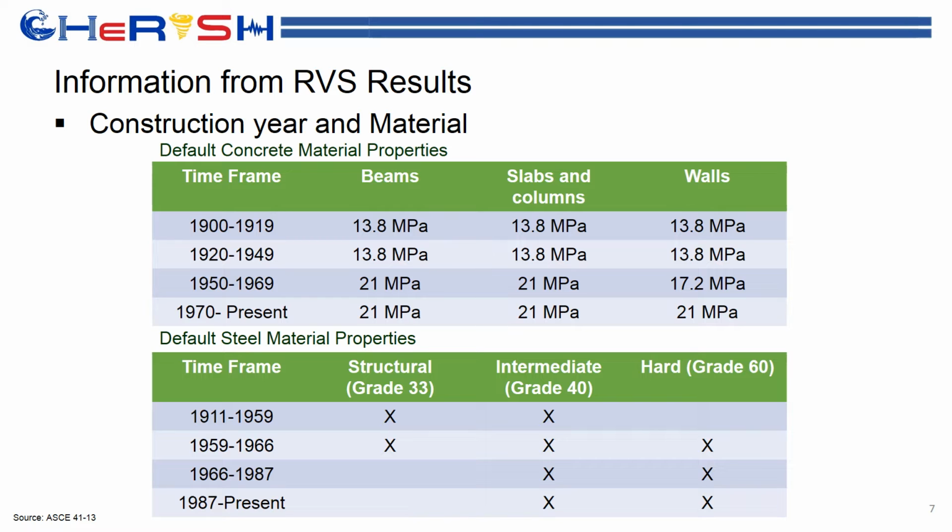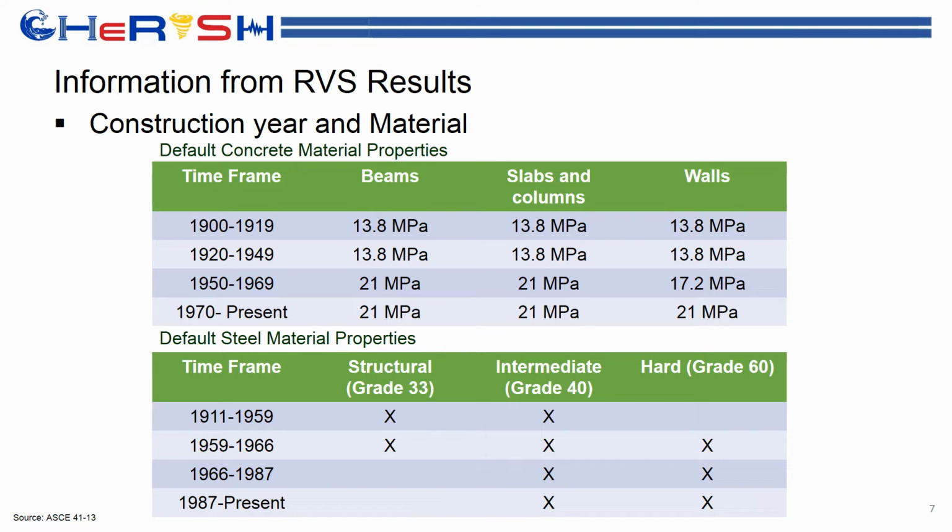So for example, during the year 1900 to 1919, most of the beams were constructed with a compressive strength of concrete around 13.8 megapascal, while it was just way back in 1950 when buildings started using 21 megapascal compressive strength of concrete.